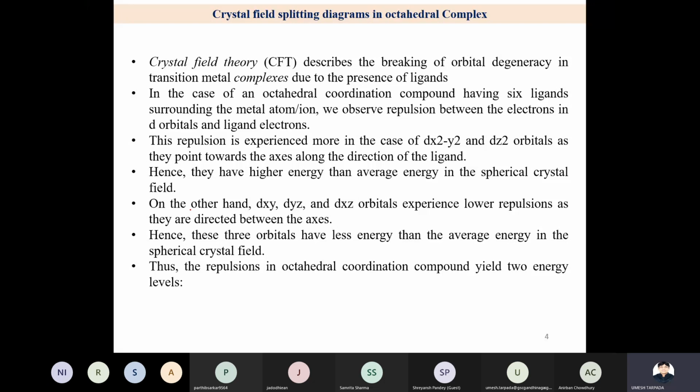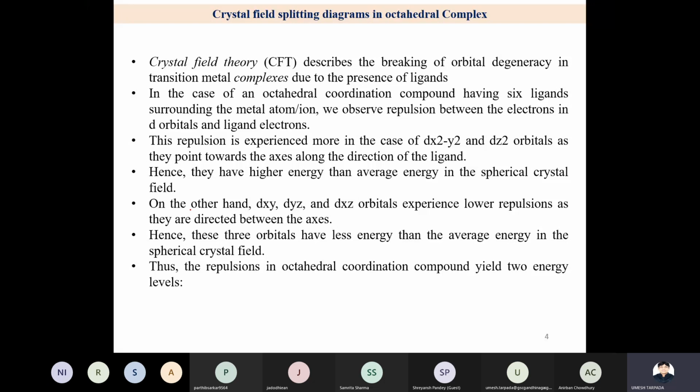But once a ligand approaches the metal, there is a repulsion between the electrons in the metal d orbitals and the electrons of the ligand, and because of this repulsion the d orbitals do not remain in a degenerate state, they undergo splitting.